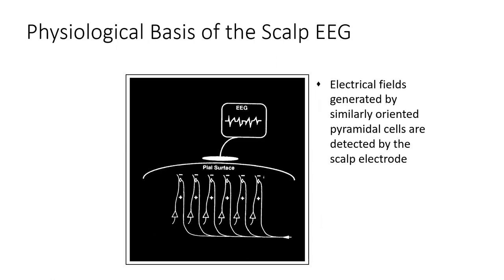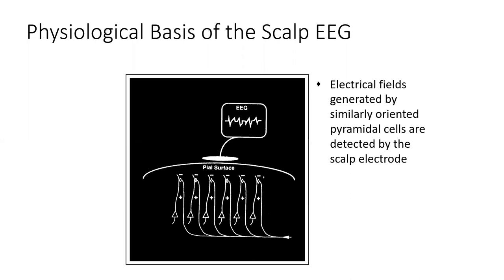These pyramidal neurons are oriented in plane, and it's electrical fields that generate this temporal and spatial summation that we're able to record.